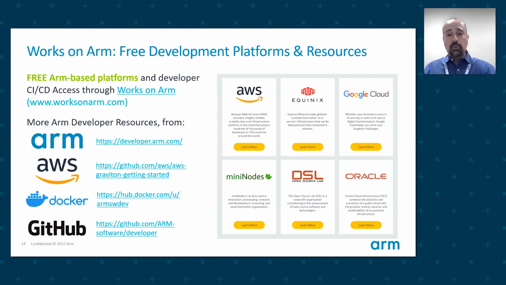And we've now got support from all the major CI/CD vendors. So we're very excited that all of the cloud providers I spoke about earlier are now offering Works on Arm programs with free instance types to developers in some fashion. This will only continue to improve the quality of the software that can run on Arm compute instances.